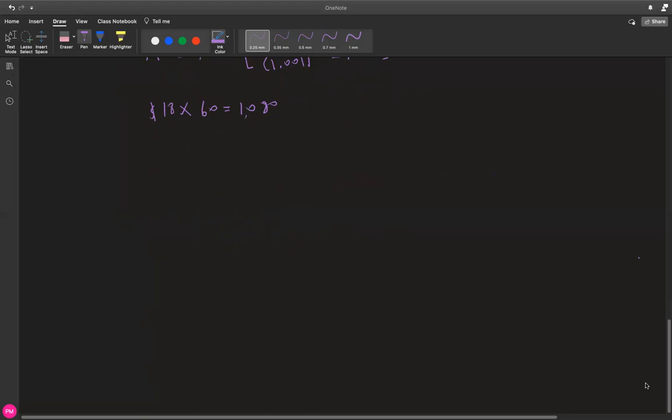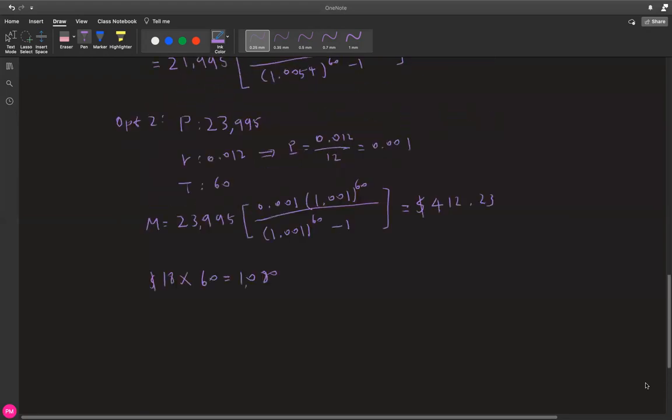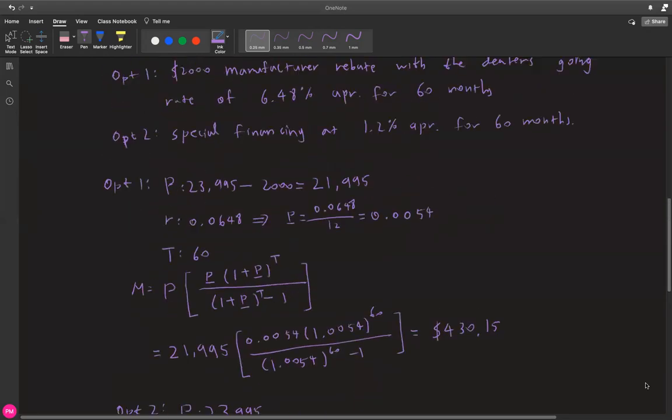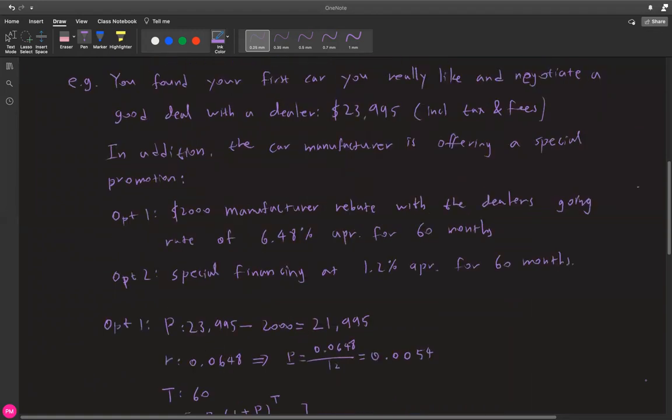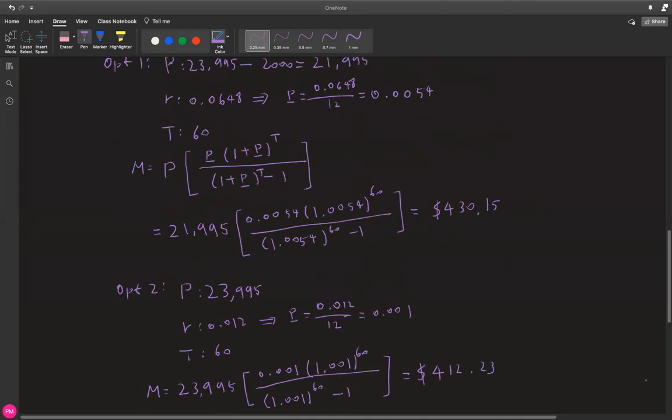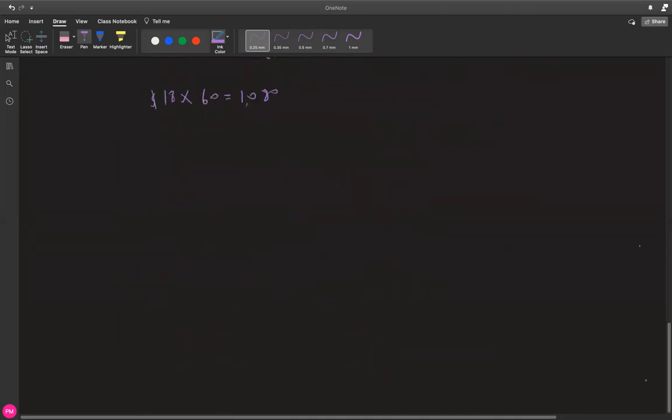Most of the time, people really take out a loan. Let's talk about mortgage. Mortgage is the same way. I'm not going to go over a simple example where you have to find the monthly payments for the mortgage. Instead, I'm going to come up with a different type of example where it's a little more complex.